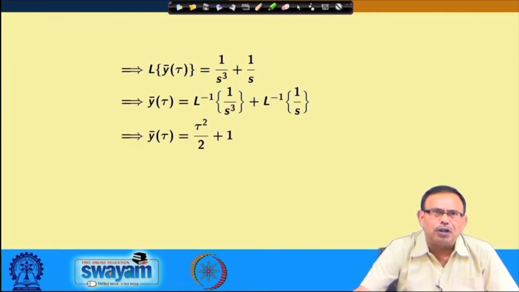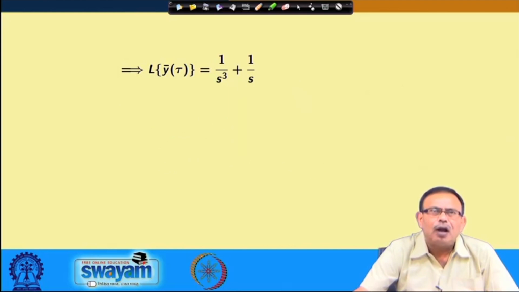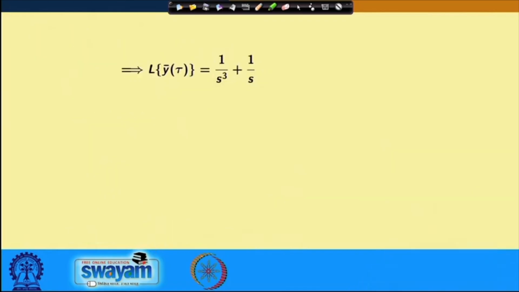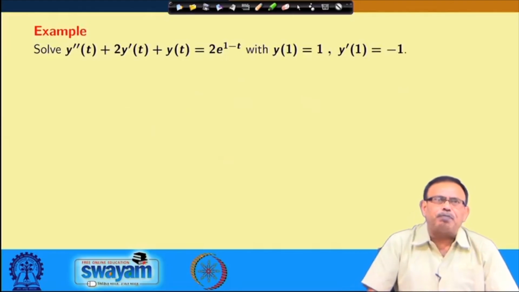So y bar tau is tau square by 2 plus 1, and y t will be obtained by substituting tau by t minus 1, because I assumed that t equals tau plus 1. So tau will be replaced by t minus 1, whole square by 2, and you will obtain the result as this.